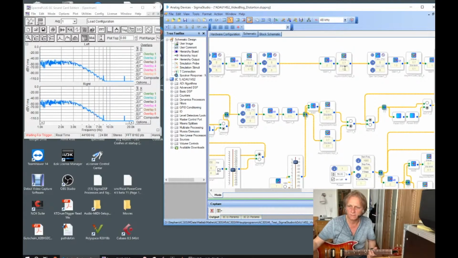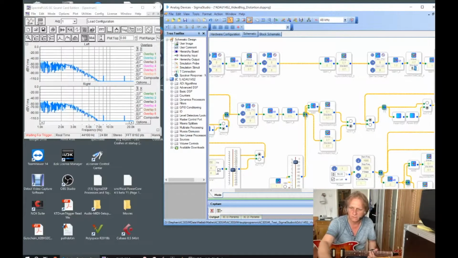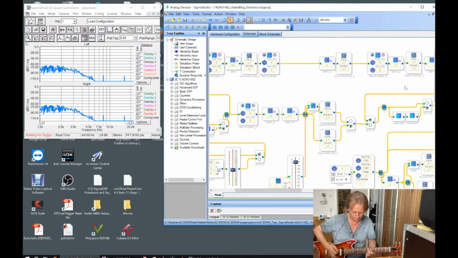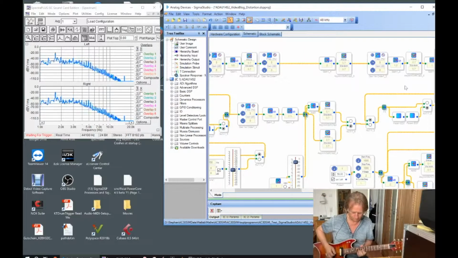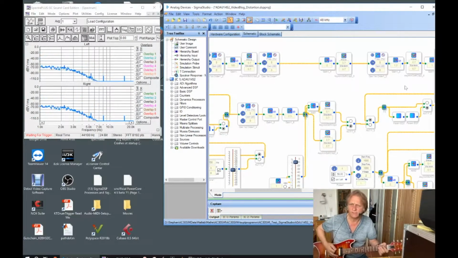Back to symmetrical. Right. So symmetrical, play the same. It goes more in the Marshall direction, isn't it? Very powerful.